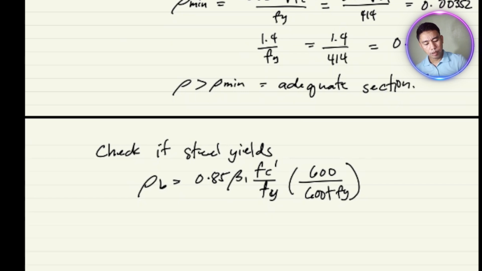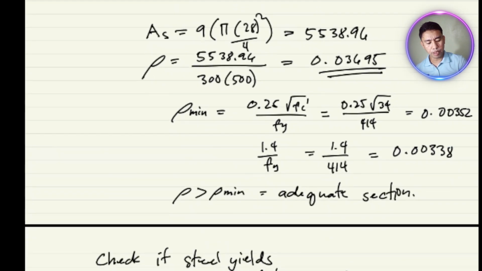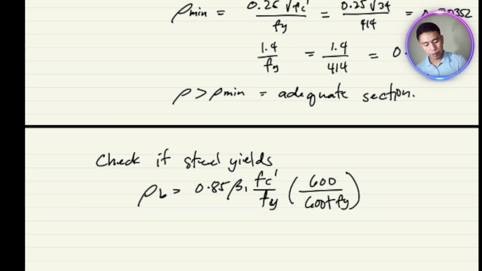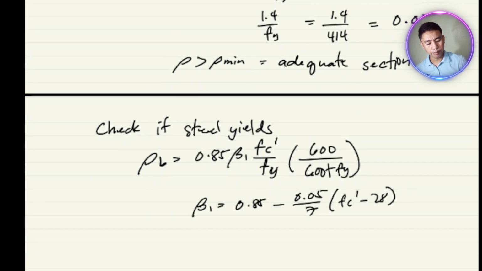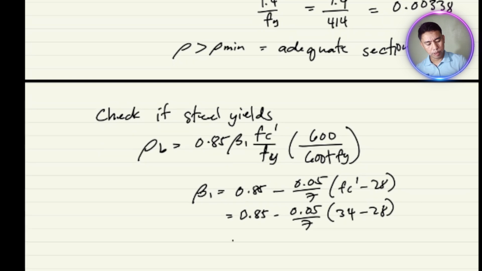So, we have beta 1. Now, ang FC prime natin is 34, greater than 28 megapascal. So, we need to use the formula for beta 1, which is 0.85 minus 0.05 over 7 times FC prime minus 28. So this is 0.85 minus 0.05 over 7 times 34 minus 28. So we have our beta 1 is 0.807.